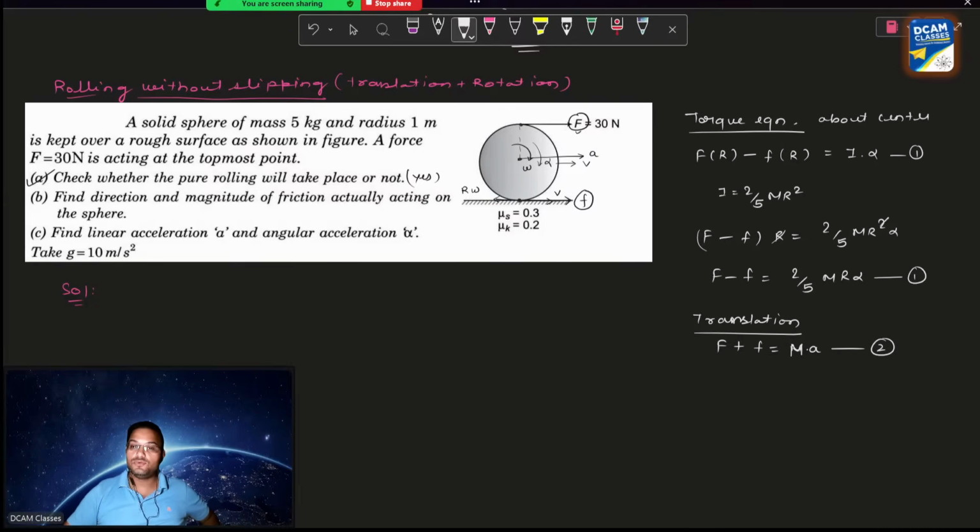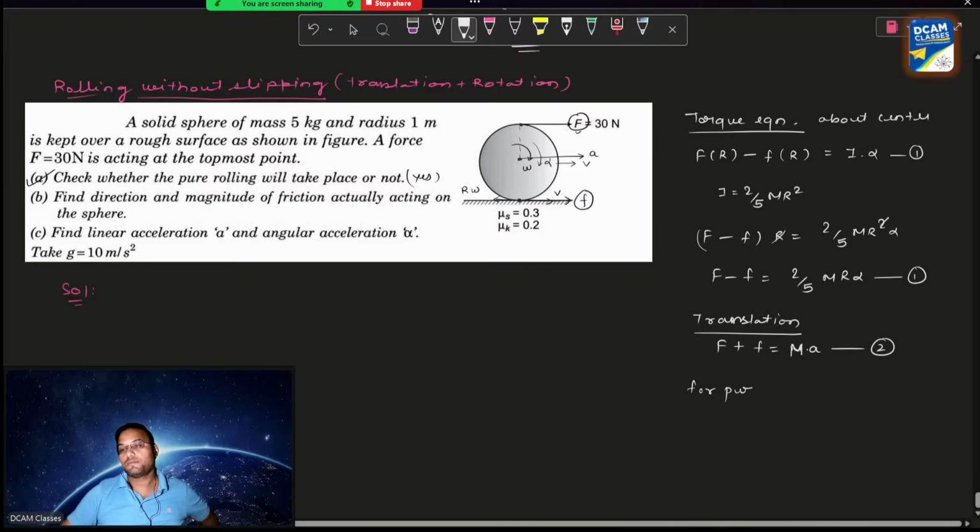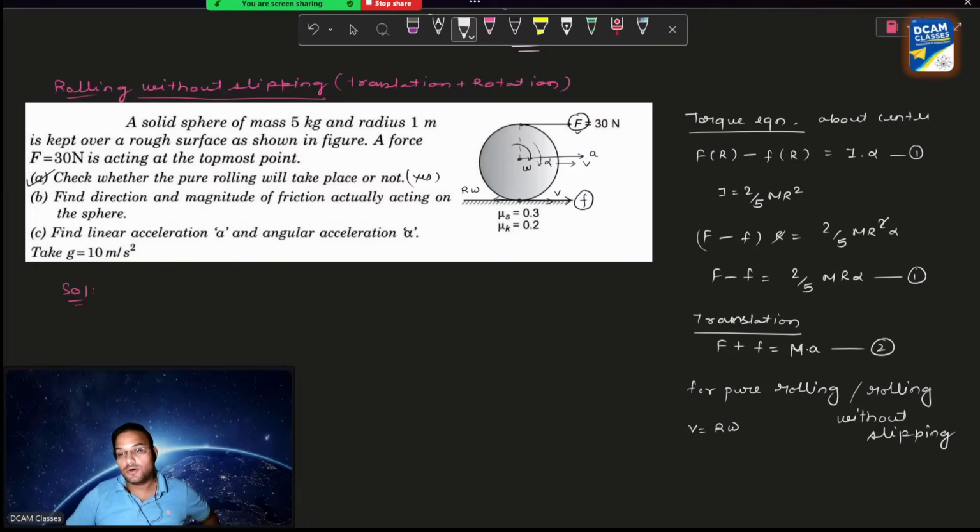Now, for rolling without slipping or pure rolling, we understood in the last class, V should be equal to r omega because the bottommost point should be at rest, or a is equal to r alpha.